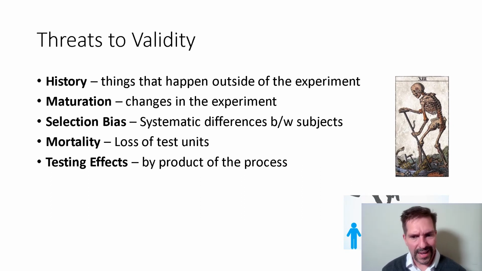Maybe somebody is cutting the grass outside of the office where this experiment is taking place. What that will do is potentially alter the results of the experiment. And we call that a threat to validity because we won't know if the results are because of the experiment or because of the noise induced by the lawnmower, let's say.